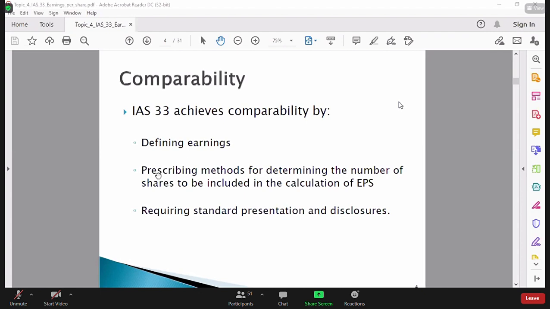So here we have several methods: methods for when the company has a bonus issue, when the company has an issuance in the middle of the year, or when the company has a rights issue. And then how to present it and how to disclose it in the financial statements. So that will be the comparability part.